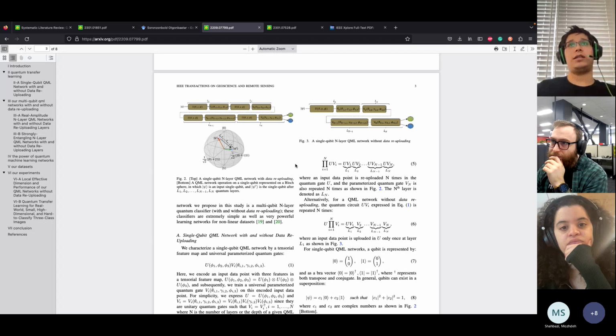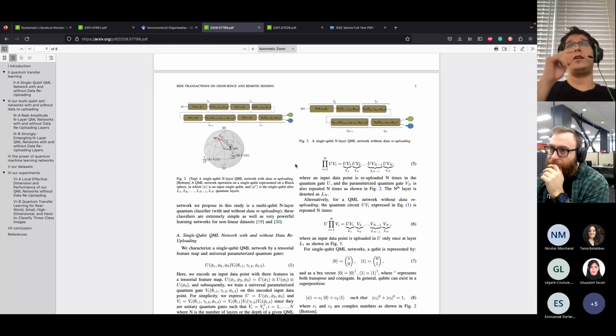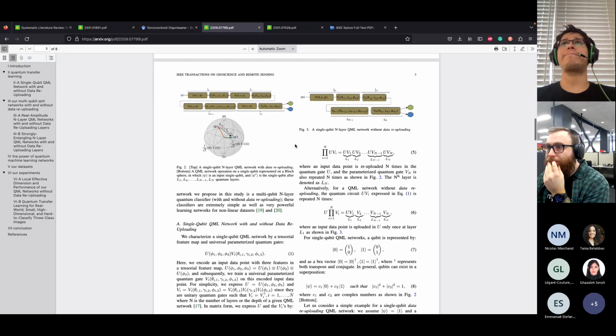So this is what you call data re-uploading, with some few other technical details that you have to put in there. But that's basically the idea. So you have to put the data more and more times. This apparently works if you do a layer-fashioned quantum circuit for quantum machine learning.